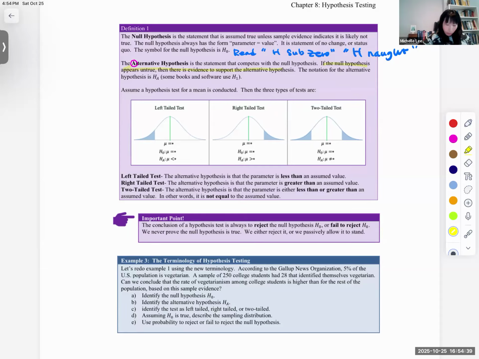All right, so the null hypothesis is always the claim. We start with that. And then the alternative hypothesis is always against the null hypothesis.